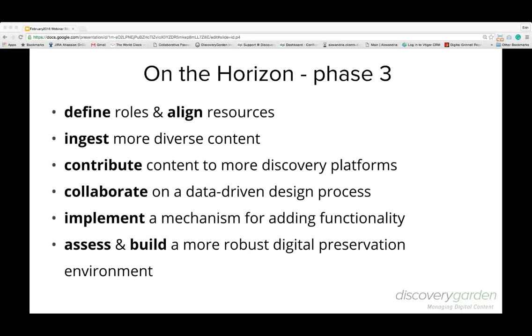We're also looking to ingest more diverse content, in particular audio, which we'll be working more closely with our sound archive on. And in terms of more discovery platforms, we just made our collections available through our Summon here, and we are participating in the Digital Public Library of America through Missouri Hub, so I can tell you the OAI module is great and it works.